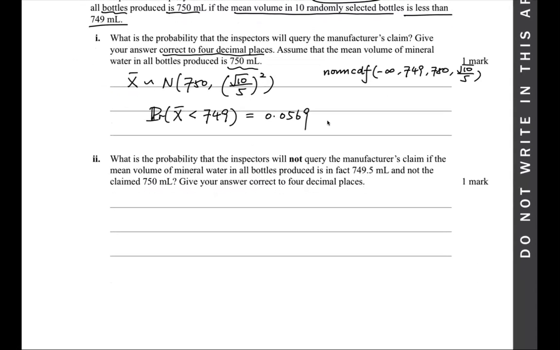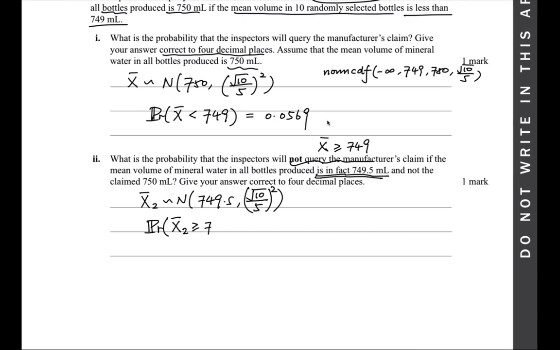What is the probability that the inspectors will not query the manufacturer's claim? Not query means X bar is greater than or equal to 749. But actually, the mean is now changed to 749.5. So now we say X bar 2 is another normal distribution with mean 749.5, but the standard deviation should remain the same. Now we'd like to see X bar 2 greater than or equal to 749, given that mu is now 749.5.